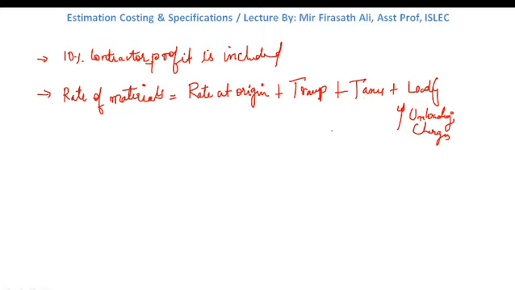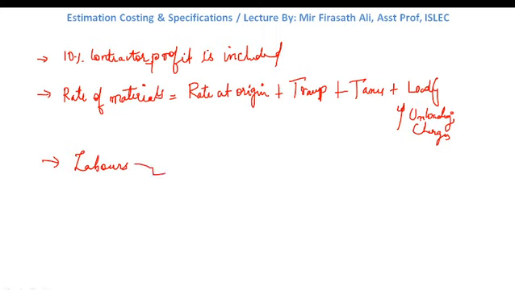After the rate of material, there are different categories of labors employed at the construction site.